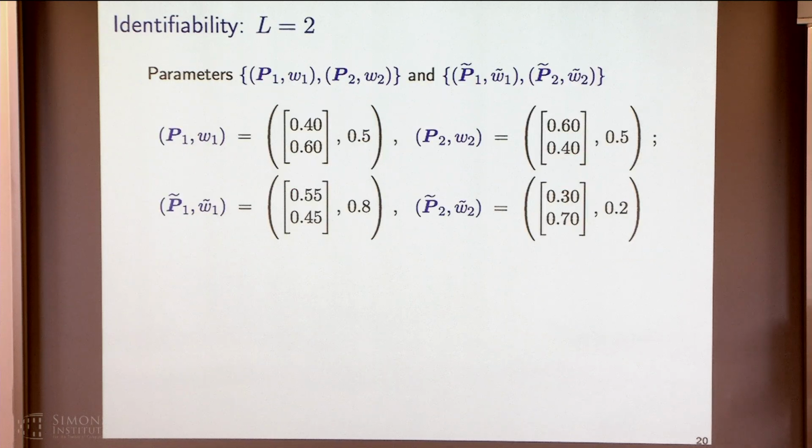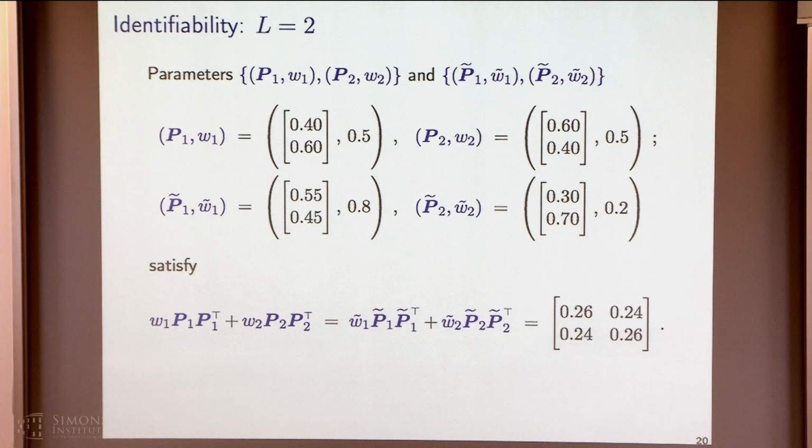And so here's one example where these two different distributions, this one without the twiddle and this one with the twiddles, actually give rise to the same distribution on word pairs, but the parameters are actually fairly far apart. So P1 is a distribution on words.